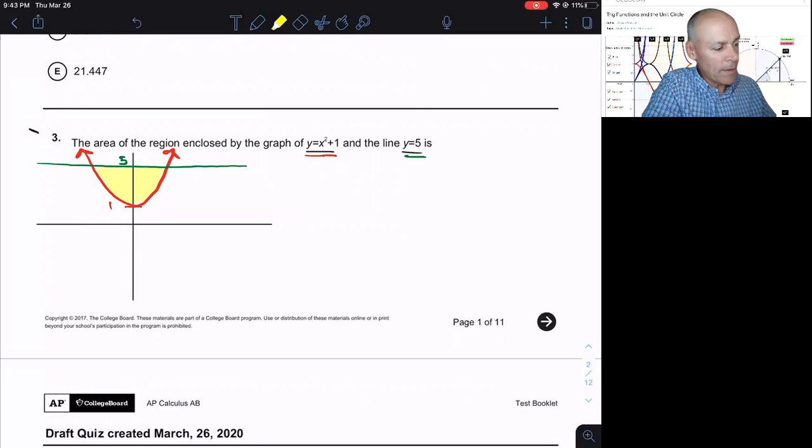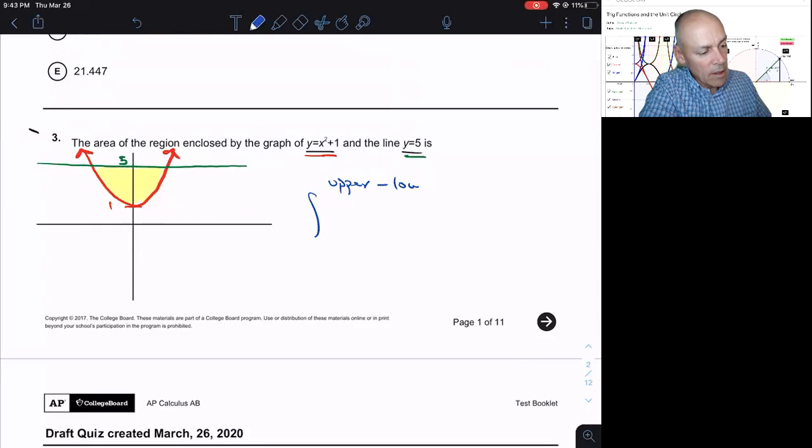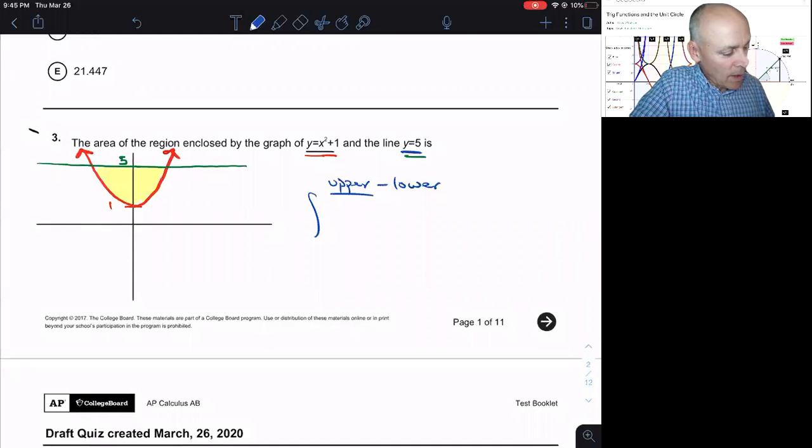Well, I've got part of what I need to set up my definite integral. It's going to be an integral. I'm going to think of upper, or the top, minus the lower. My upper function is going to be the green function, which is just the horizontal line y equals 5.